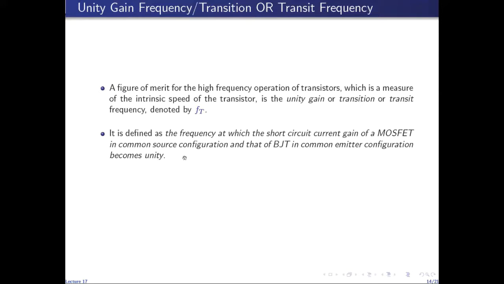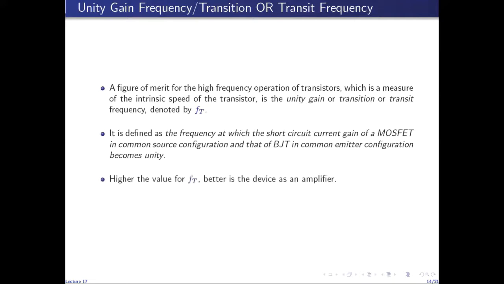So the frequency at which the corresponding short circuit current gain becomes unity defines the unity gain or transition or transit frequency for the respective device.